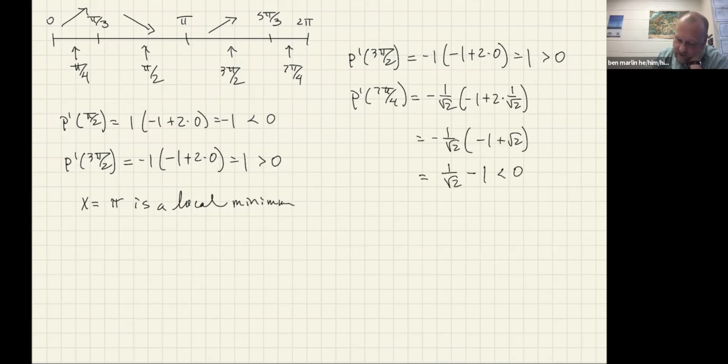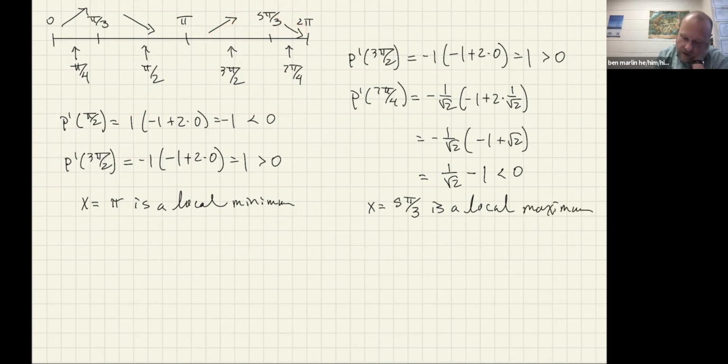So it's going to be negative. So this tells me that x equals, well, which one was I looking at? The 5 pi over 3. So 5 pi over 3 is a local. We were going up. Now we're going down. Okay, so this is a local maximum.